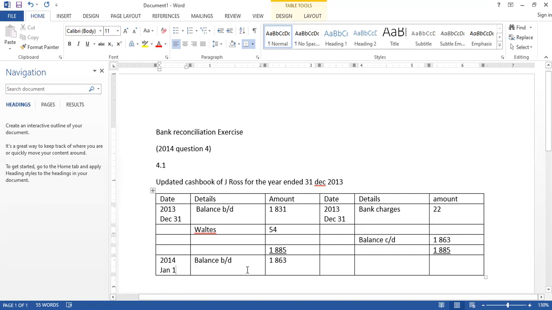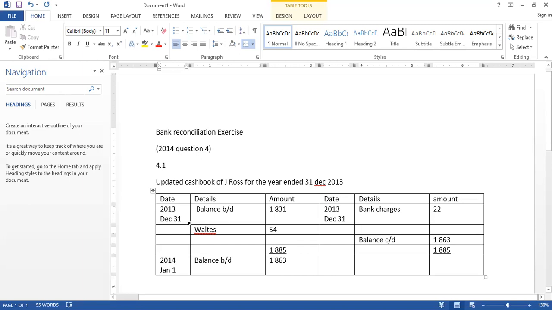Yes. Okay. Now we said that the balance brought down is always on the first day of the financial period or month. Now looking at this, we have a balance brought down on the last day of the month. This is simply because this amount was wrong. You are trying to adjust your cash book at the end of the month.